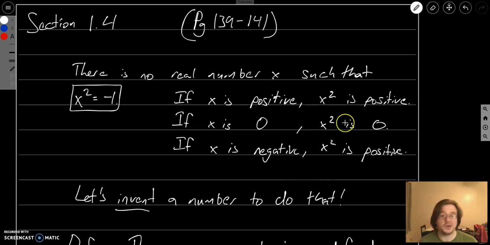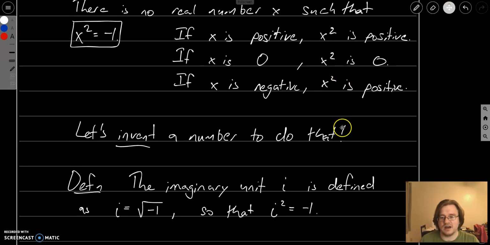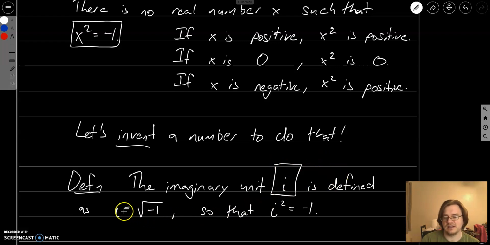So let's invent one. And this is essentially the thought process here. We will call the imaginary unit I the number that is the square root of -1. As in, if you were to square I, we get -1.